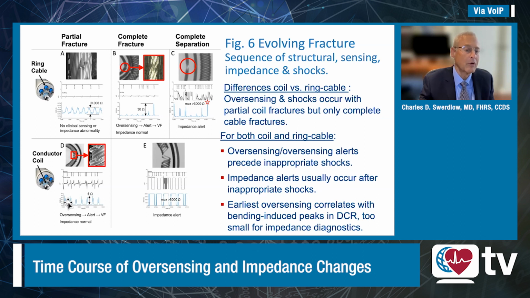It's 1.3 hertz. But we can see that when there is a partial fracture, and here you can see 2 of the 4 filars of this conductor coil are fractured, that there are oversensing signals that occur in time cyclically with the impedance changes in the bending cycle. And I'm going to come back to this point.